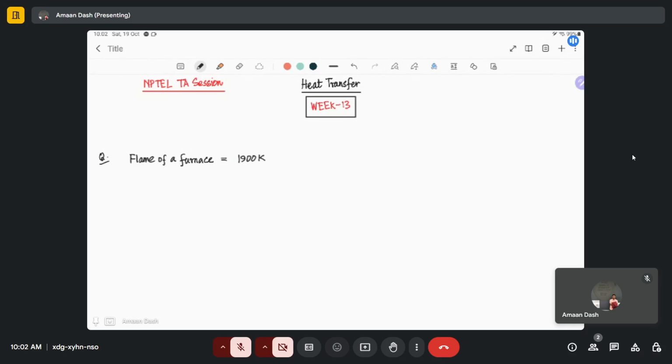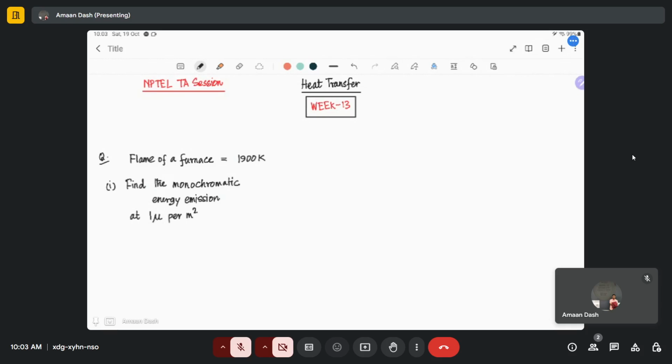Find the monochromatic energy emission at 1 micron per meter square. So this is the first bit.